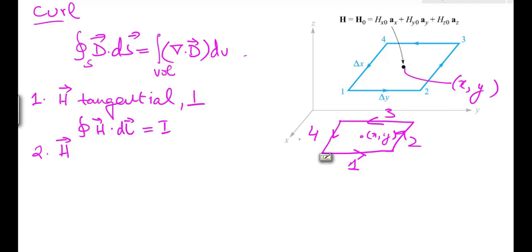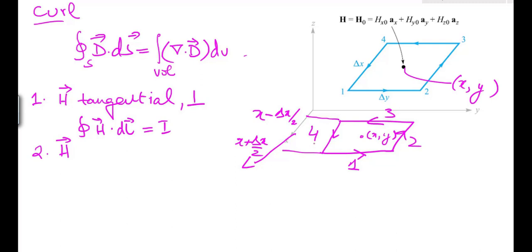So on this path, y can change, whereas x has a fixed value. If this is the x-axis, then this is x plus delta x by 2, because this whole distance is delta x, and this is x minus delta x by 2. So the center is x.